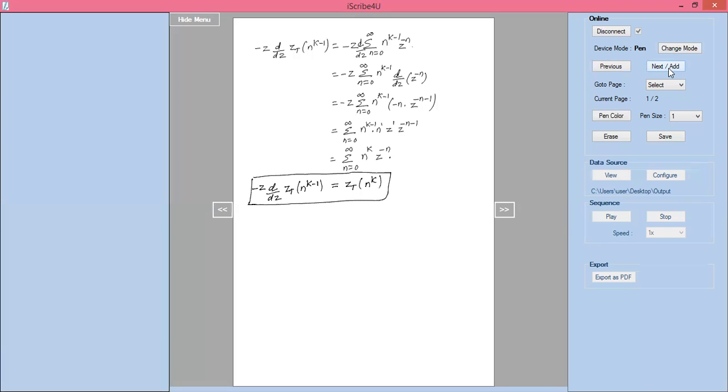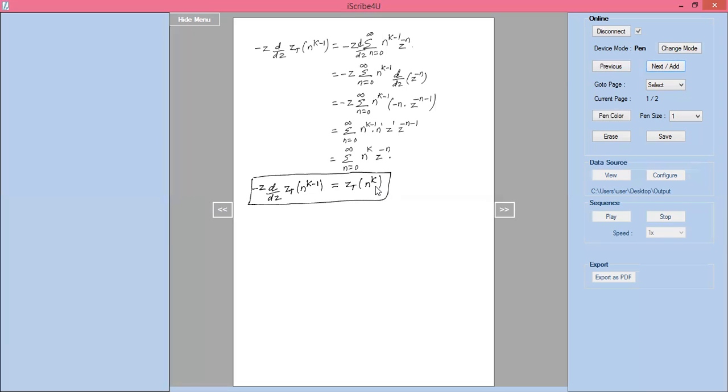Right, next we have to prove the value of the z transform. Now this is a basic property. Using this basic property, I'll simplify the problems: z transform of n, z transform of n square, z transform of n cube. That all we will simplify.